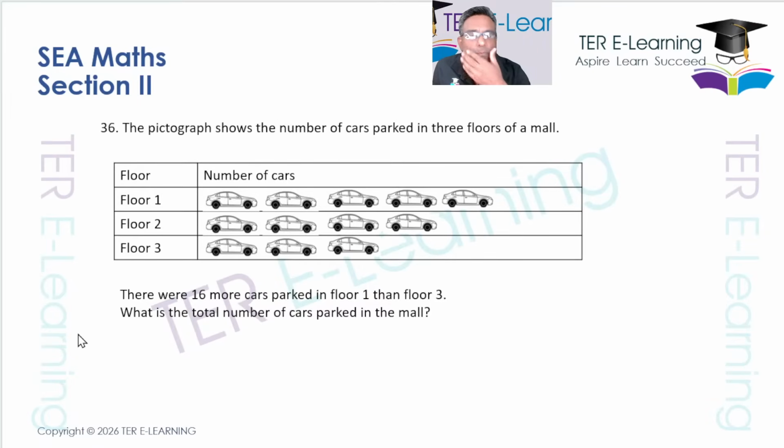We have a pictograph here. It shows the number of cars parked in 3 floors of a mall. So we have floor 1, floor 2, floor 3. There are 16 more cars parked in floor 1 than floor 3.